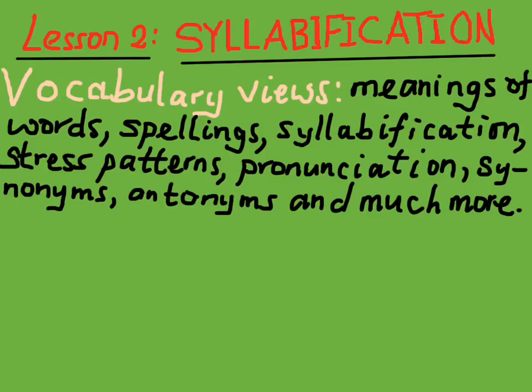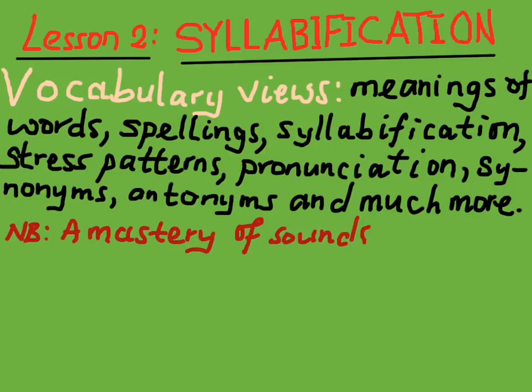Other aspects like synonyms, antonyms, and much more will be looked upon while studying vocabulary. So when you think vocabulary, think meanings of words, spellings, syllabification, stress pattern, pronunciation, synonyms, antonyms, and much more.